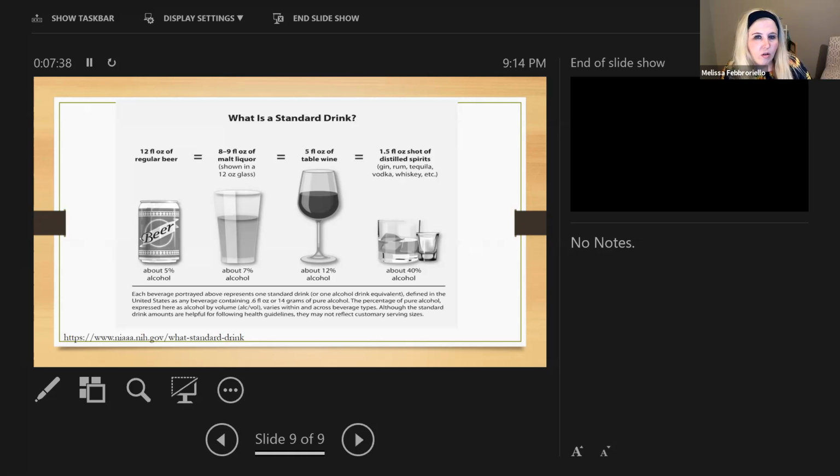That's 7% alcohol. 5 ounces of wine, 12% alcohol, and then 1.5 ounces would be a shot of distilled liquor. So those are all equal in the amount of what one serving size of a drink is.